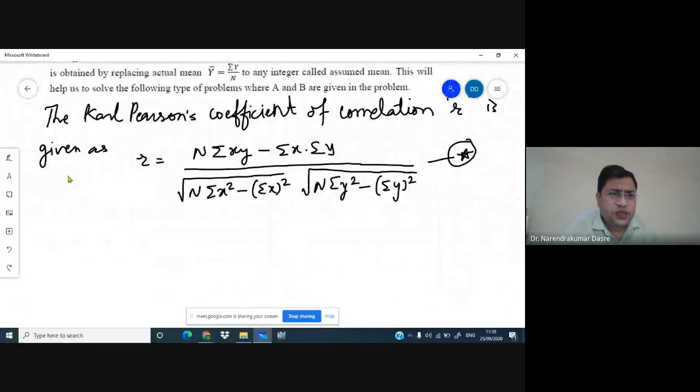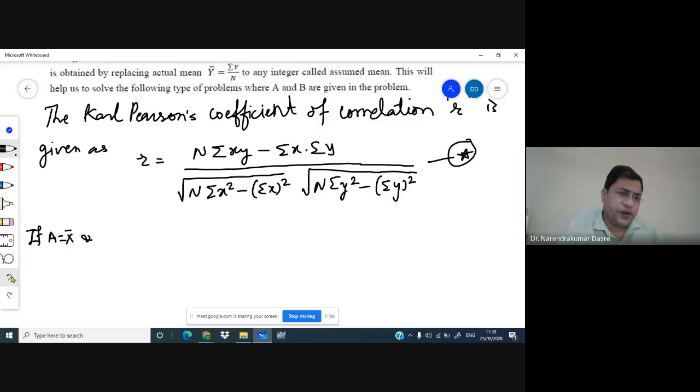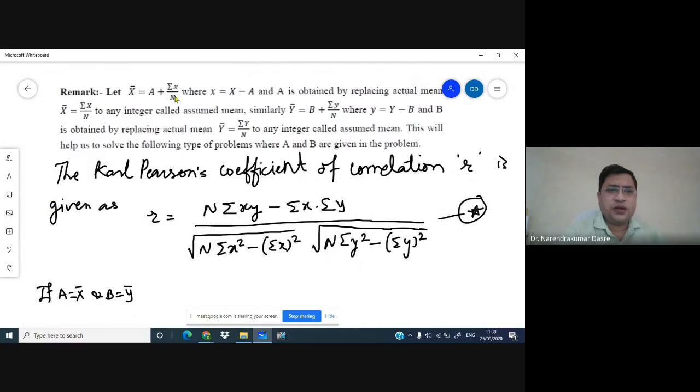How? If A is equal to x bar and B is equal to y bar, that means instead of the assumed mean, I am taking the actual mean. So if we take the actual mean, what will happen?